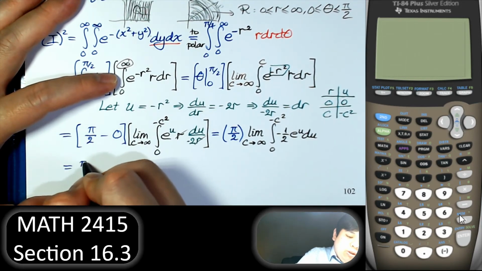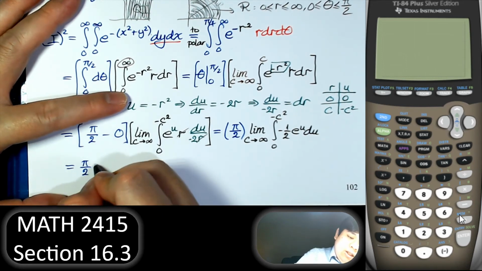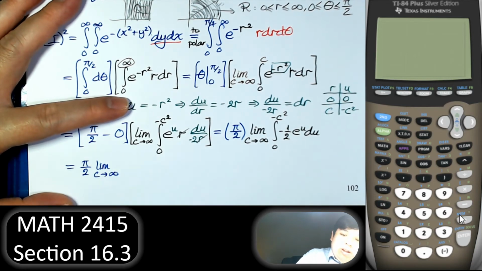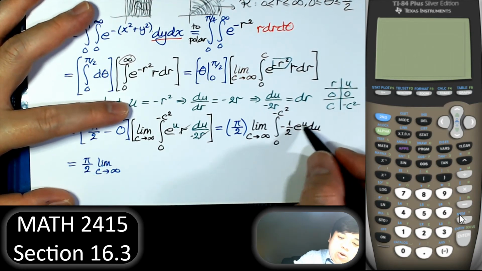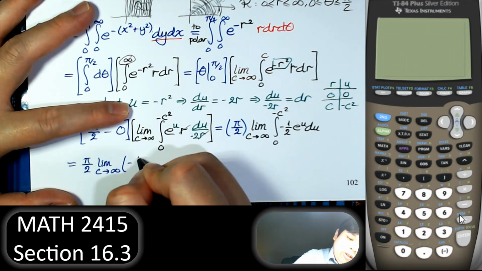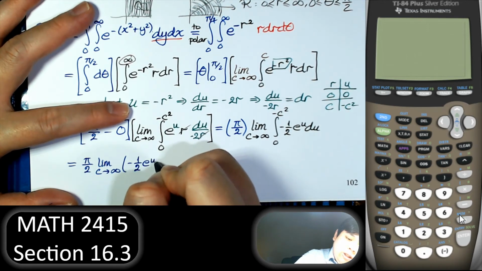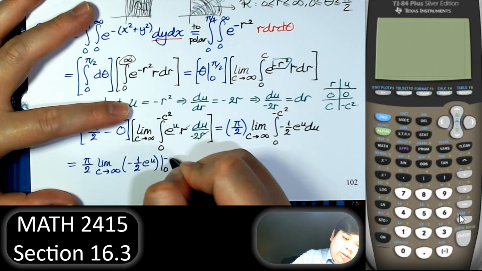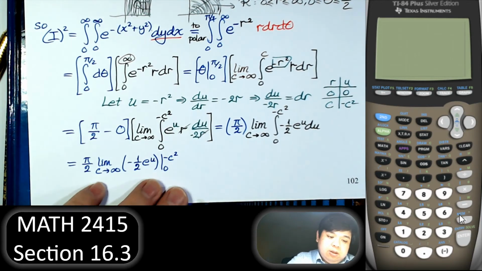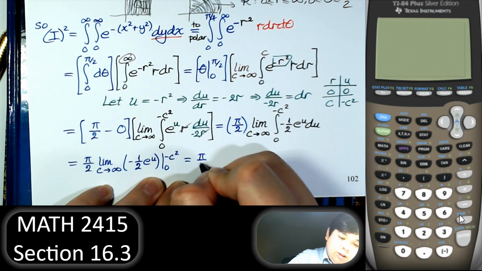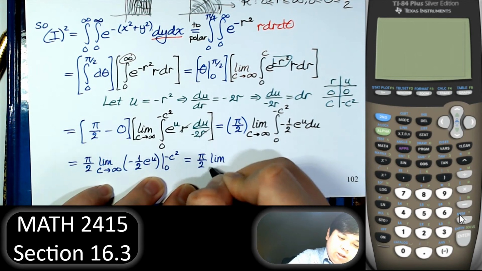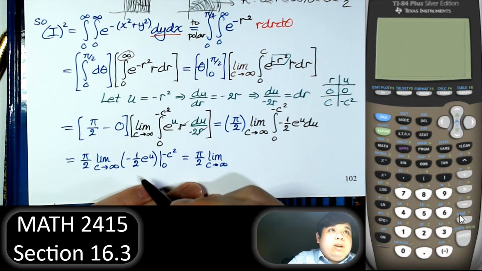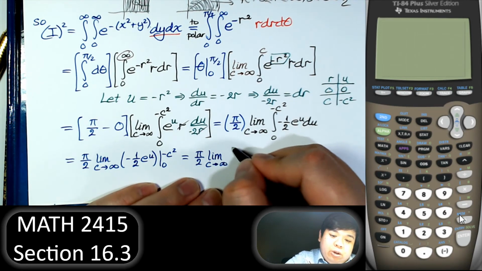Pi over 2, limit as c goes to infinity. The integral of e to the u is still e to the u, going from 0 to negative c squared. I'm going to put negative c squared for u and put 0 for u.